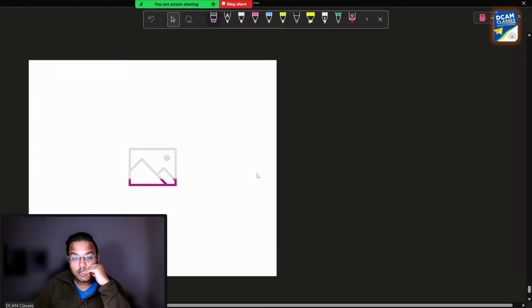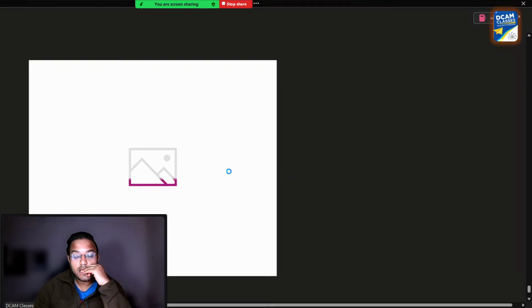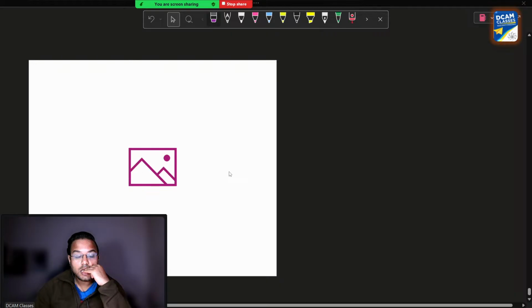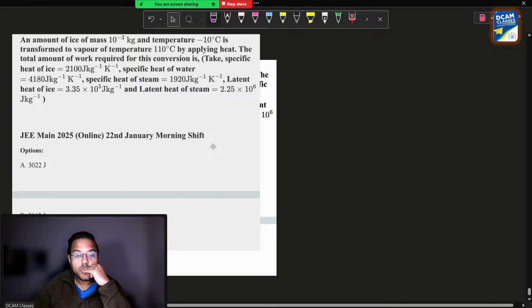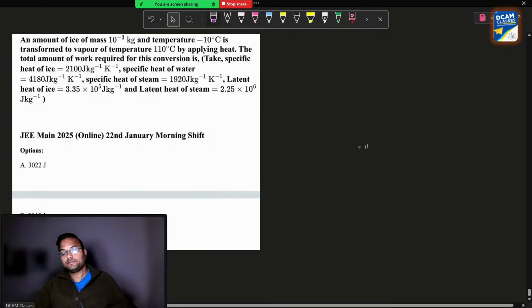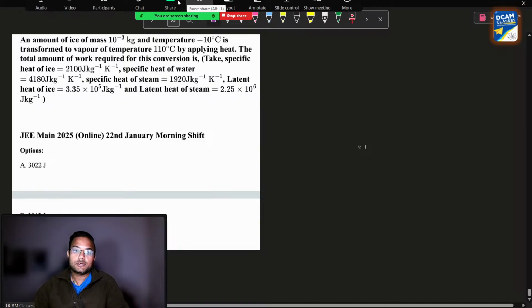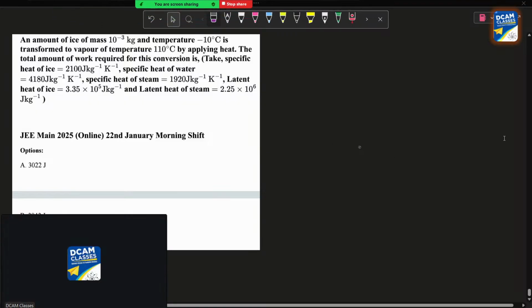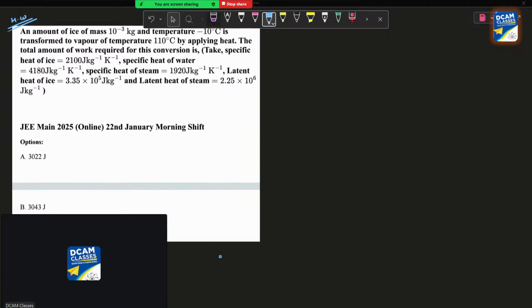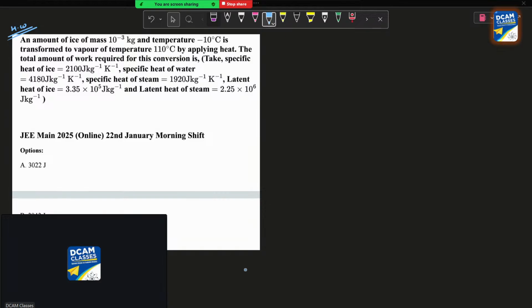Why is it hanging? It's not loading properly. Try solving it. If you are able to solve in 3 minutes, okay. Otherwise, take it as homework. Just try to understand it first, because it's related to phase change.